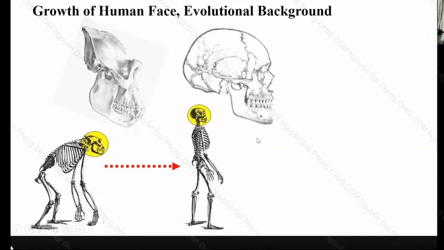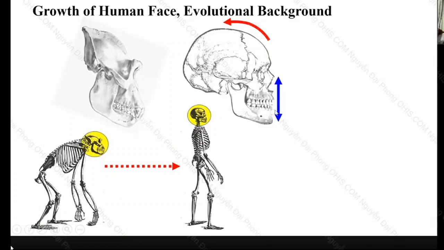It's uprighting. After uprighting, our facial growth in ontogenetic stage more and more verticalizes the face. Now we have a very flat face, and the upper and lower jaw is anteroposteriorly compressed.